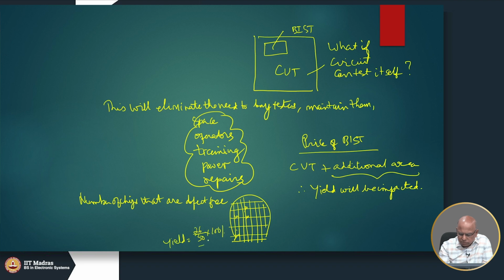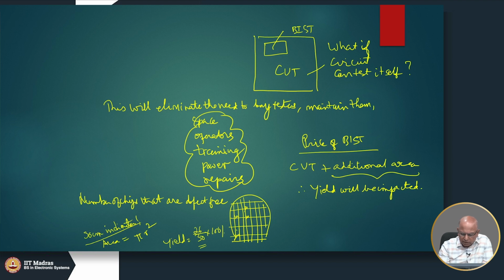In reality, this won't be such a small number. In a modern situation, we have wafers which are very big. Modern wafers are about 30 centimeters in diameter. So their area will be pi r square, where r is 15 centimeters.